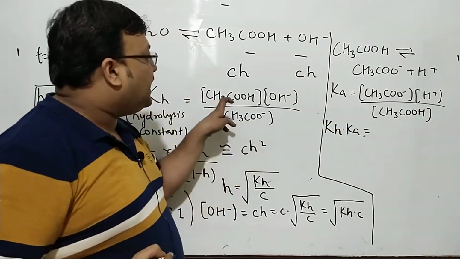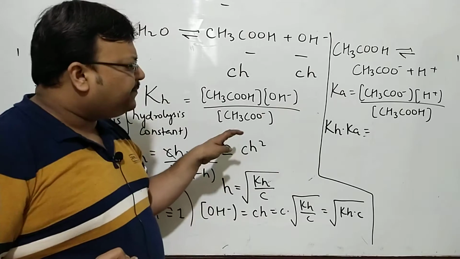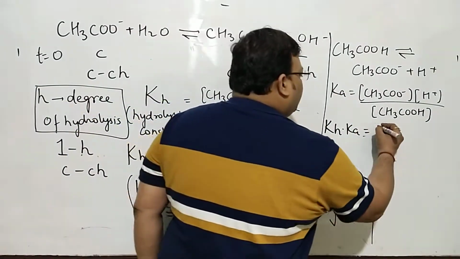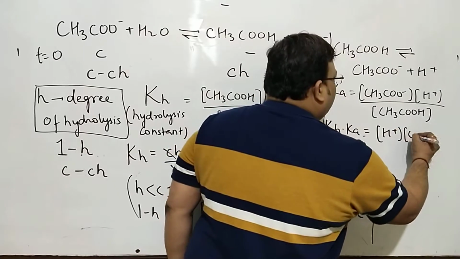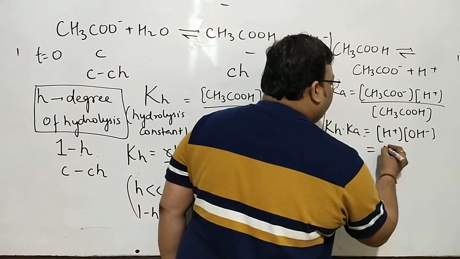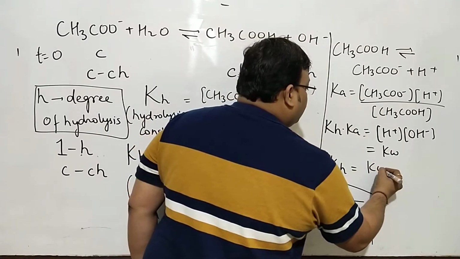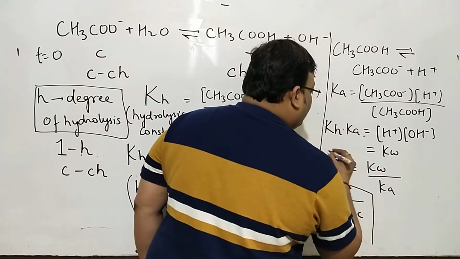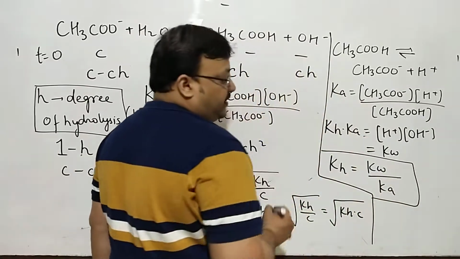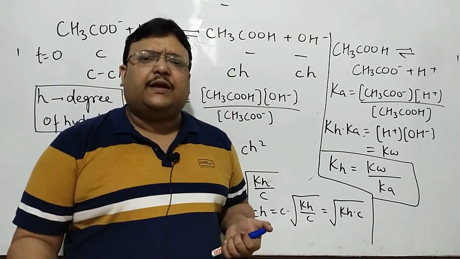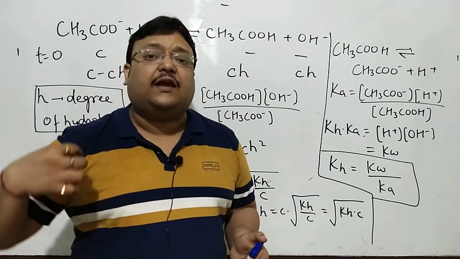Acetate will get cancelled, acetic will get cancelled. ये दोनों cancel हो जाएगा. The product would be H plus OH minus, which is Kw, and naturally you could write for Kh as Kw upon Ka. So you will want to deal with the known constants, which are Ka, Kb.